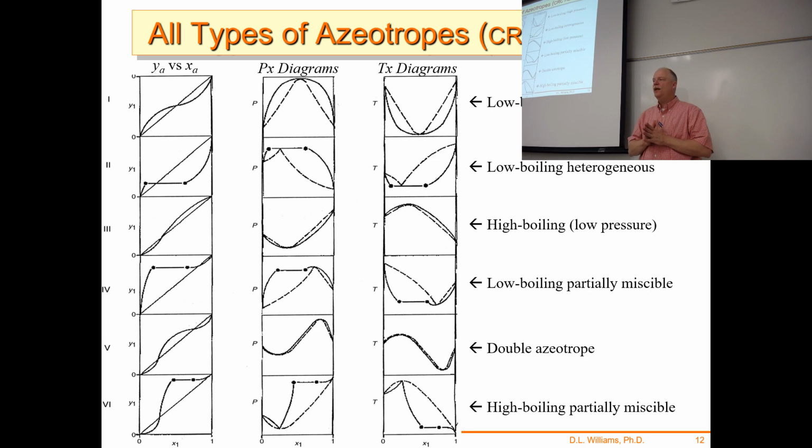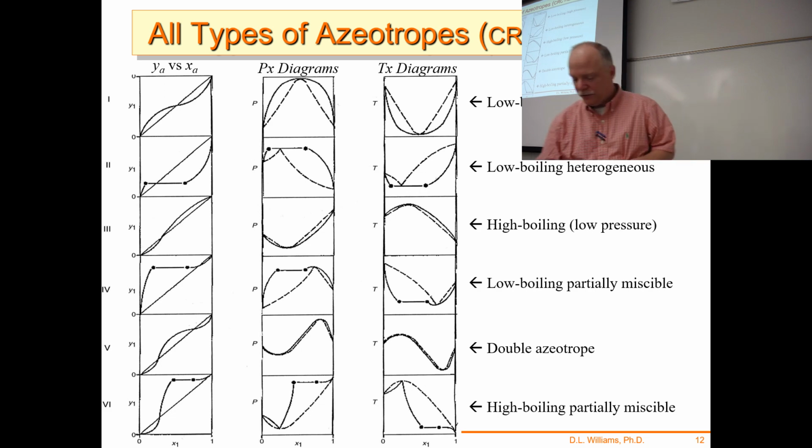So these are many of the different types of liquid equilibria that you could have. Let's just go through a few of these. This one here, the low boiling, and the high boiling were the two that we covered in the notes.